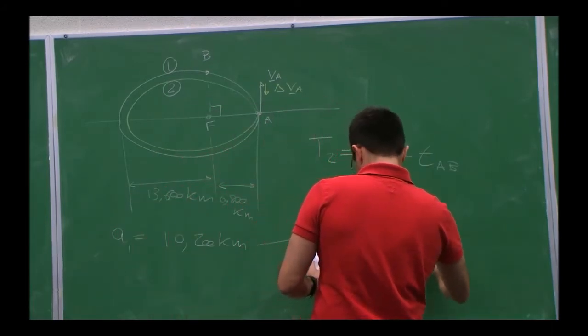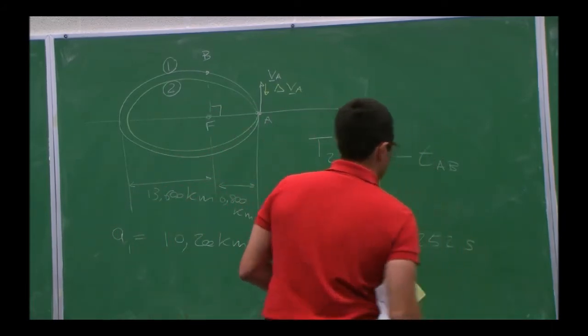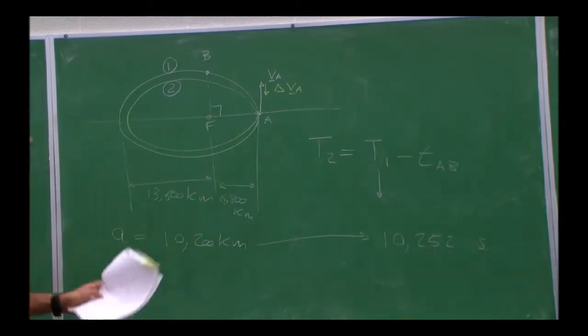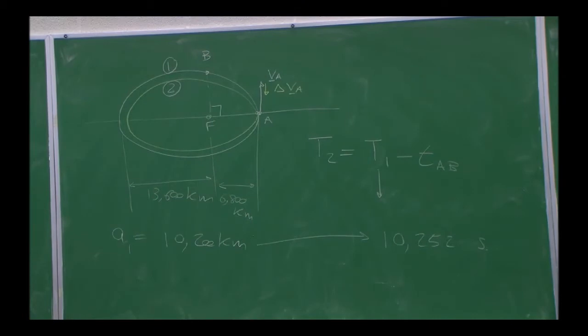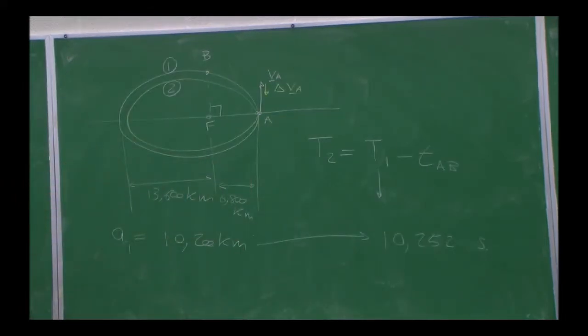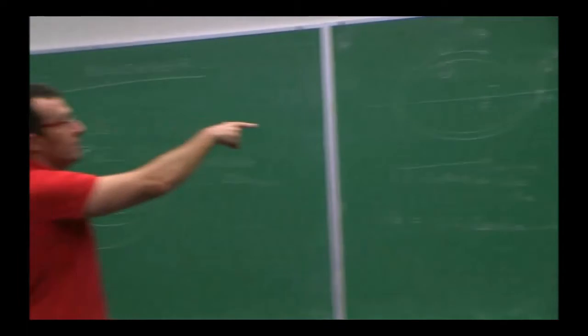Yes, 10,252 seconds. Okay. Well, you find that right away, right? So the goal here is I need to find out what this is so that I can plug it into this expression and figure out the semi-major axis of orbit 2. Once I find A2, I have all the information to compute the delta V at A.